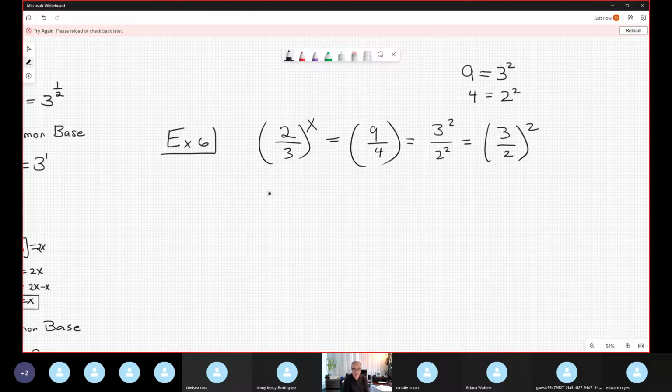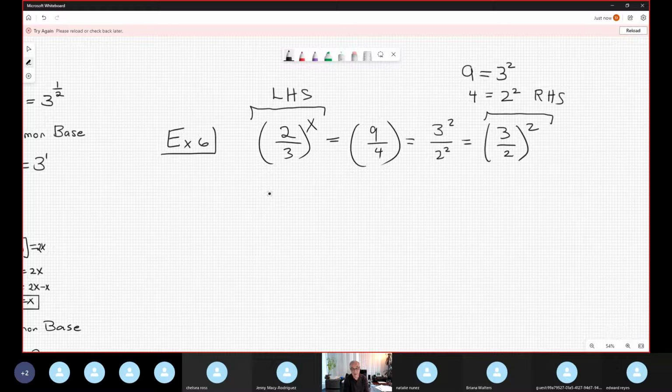You see again the left-hand side, the base is 2/3. In the right-hand side, in this transformation we are doing, it is 3/2. It's not the same, of course, it's different, but they are connected because it is the reciprocal. Yes or no?